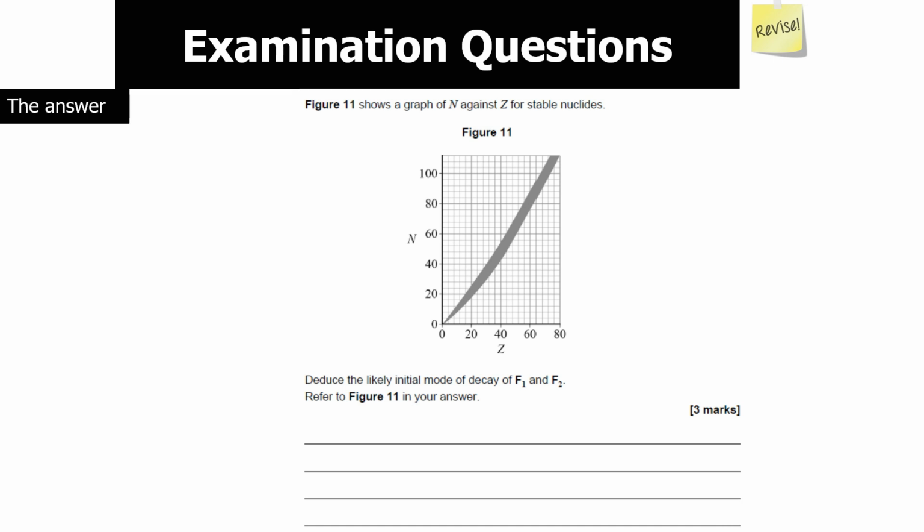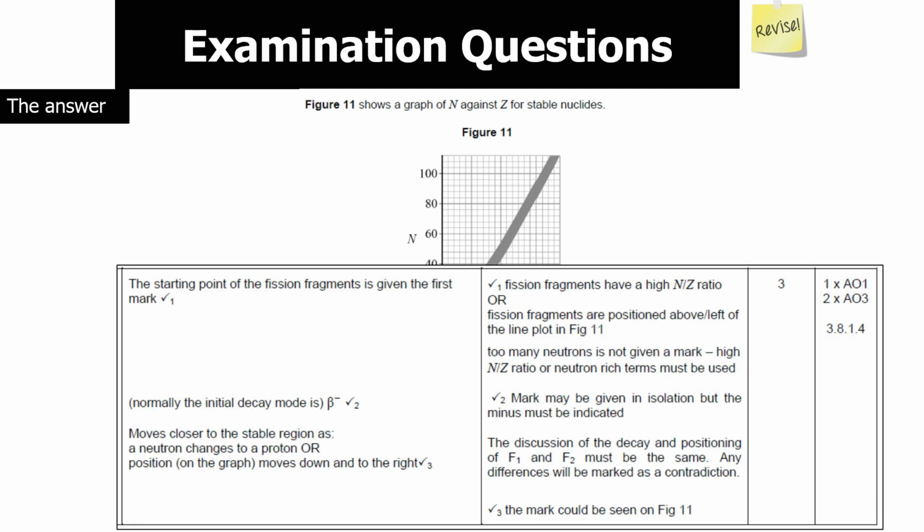Right, so how do you answer this particular question? You look at the values for the fission fragments given in your first question. You'll notice that in this N-Z graph all the fission fragments will want to move towards the stability belt.